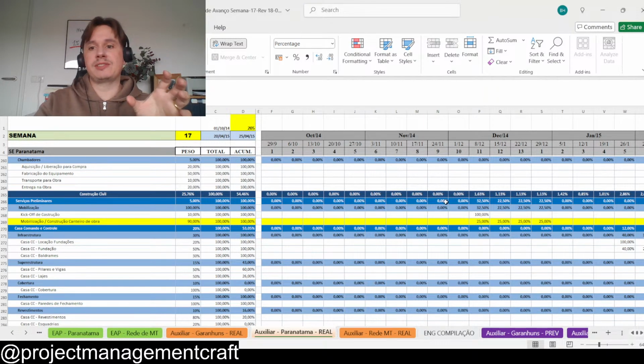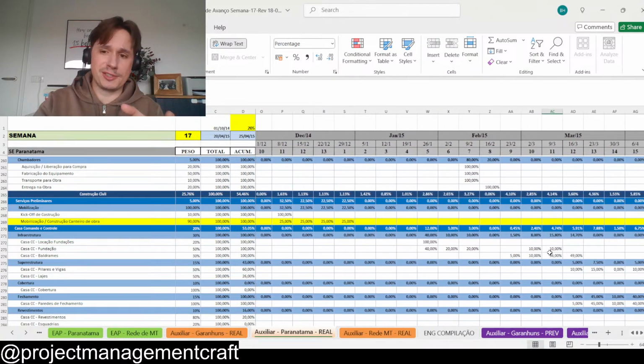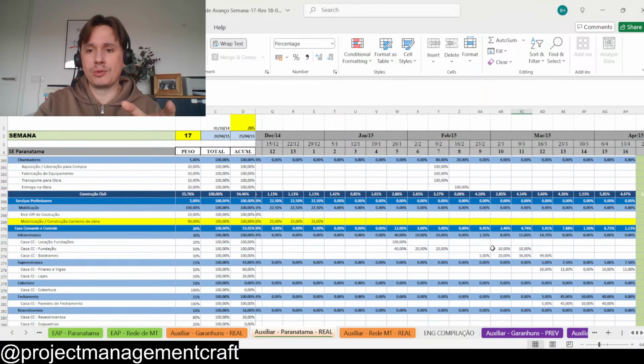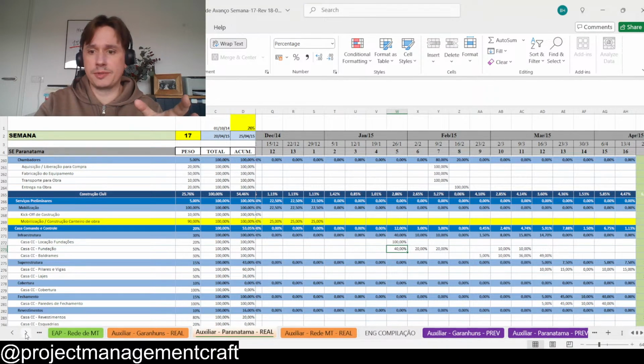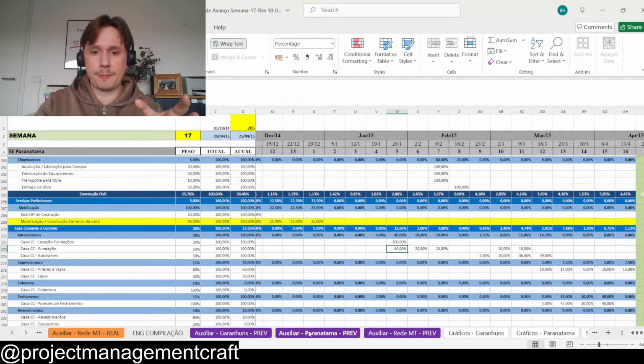Based on these start and end dates, you are going to break down the tasks. This is what I'm showing here. This is automatically calculated. You can create the formulas to do that in Excel.